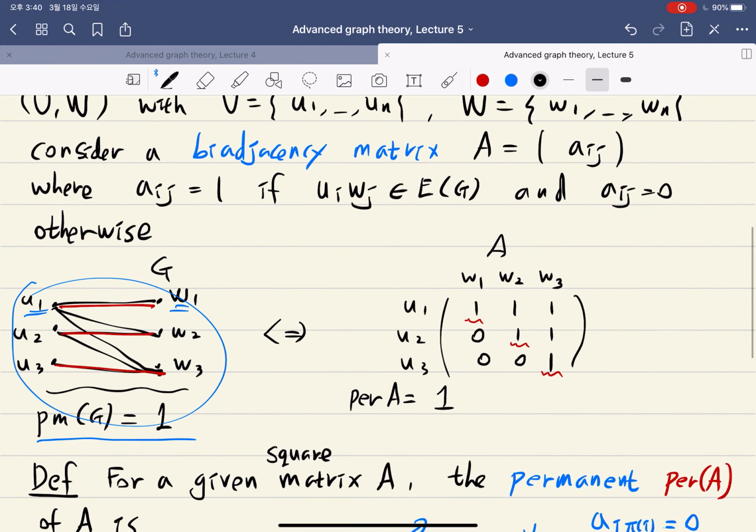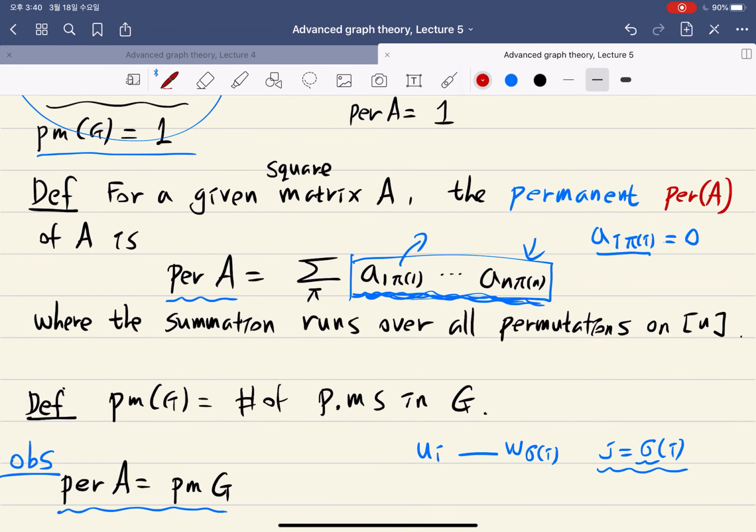If you see, this permanent has a formula which looks quite similar to the formula for the determinant, except in the determinant you have to multiply by the sign of pi in each term. But in the permanent, we don't have this.